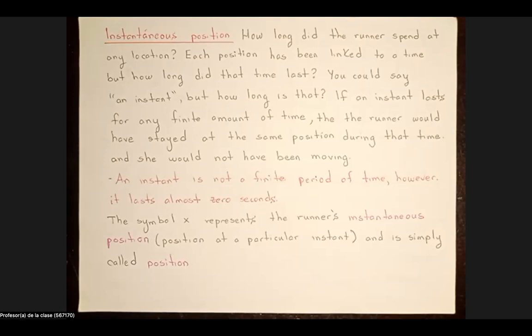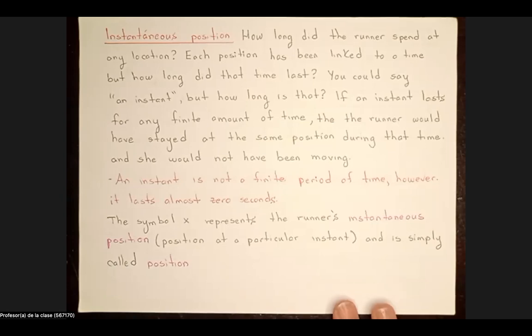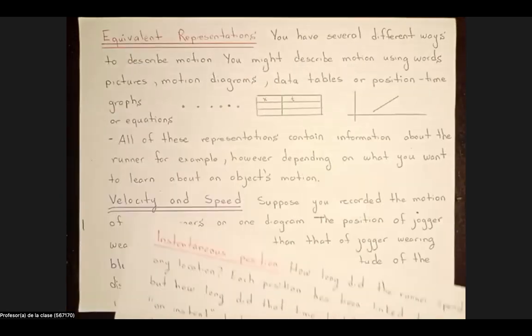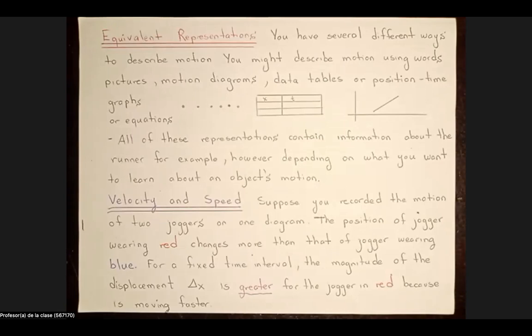The symbol x here represents the runner's instantaneous position at a particular instant, and is simply called position. Good. So now with instantaneous position, we can talk about velocity and speed. Velocity and speed are instantaneous too.